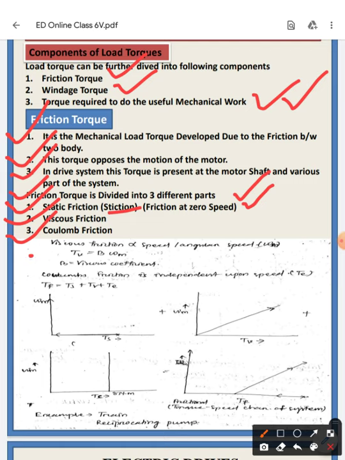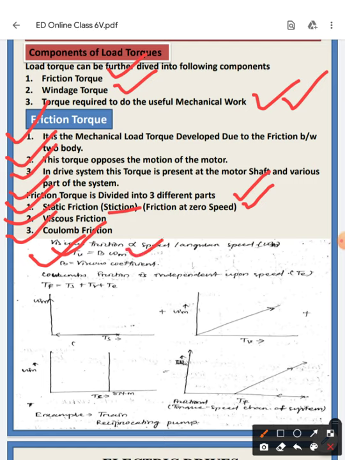B is shortly known as the viscous coefficient, and TV, the viscous torque, is equal to B into the angular speed.